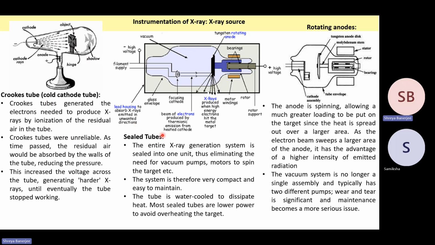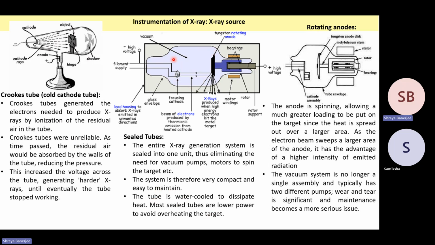Then an improvement over this was the sealed tube, where a vacuum pump was added to remove the air, and a vacuum was created inside so that whatever electrons are being produced, they can directly hit the anode. They won't lose any energy in hitting extra air molecules.